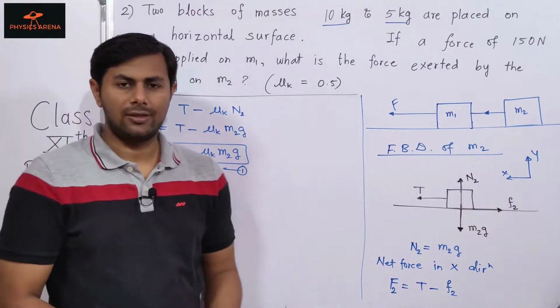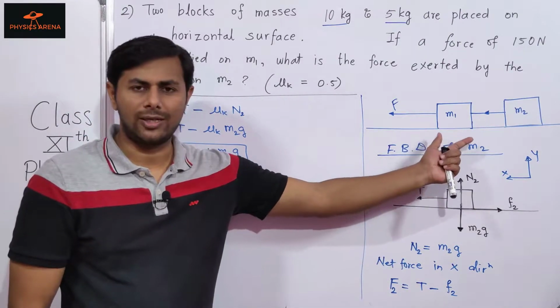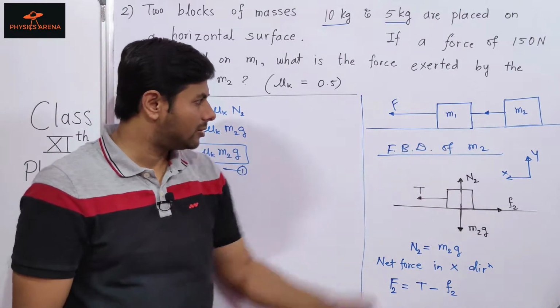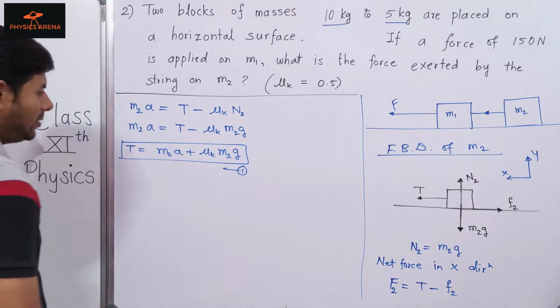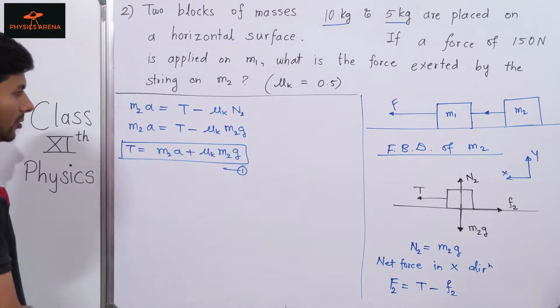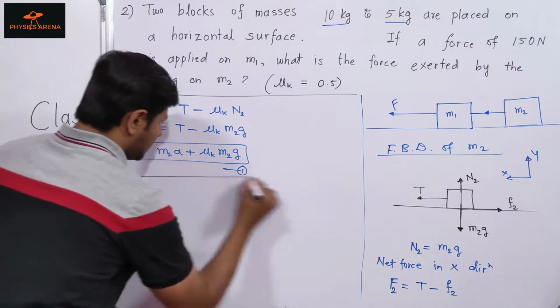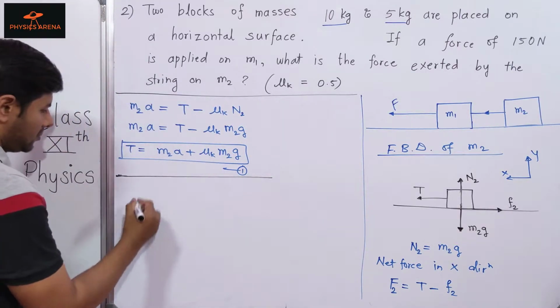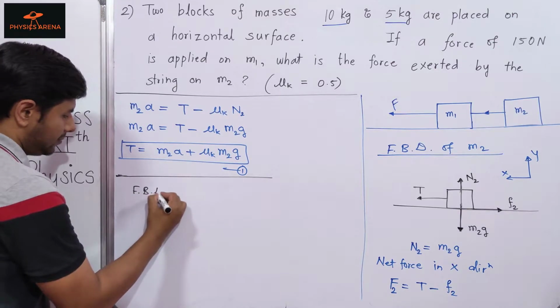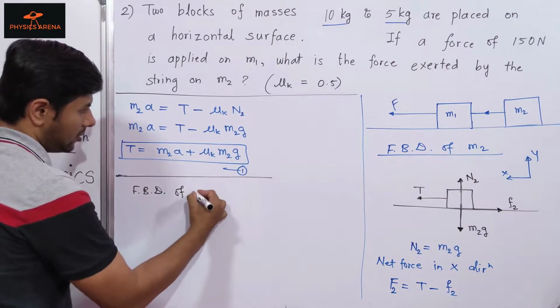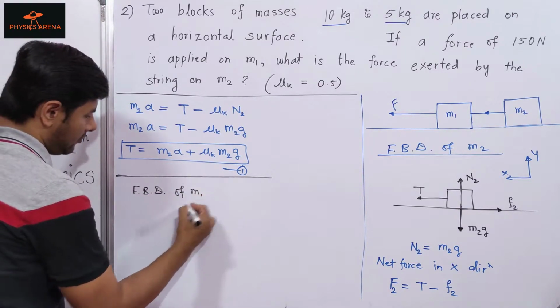Then next, let's draw a free body diagram of mass m1, or the block of mass m1. So FBD of m1.